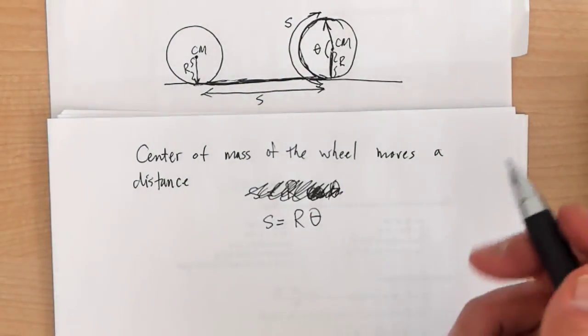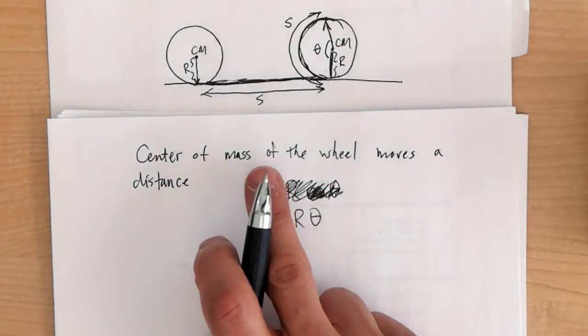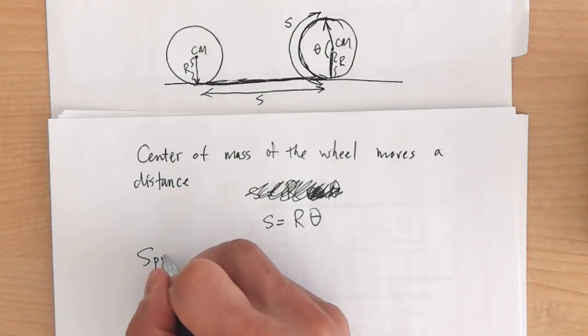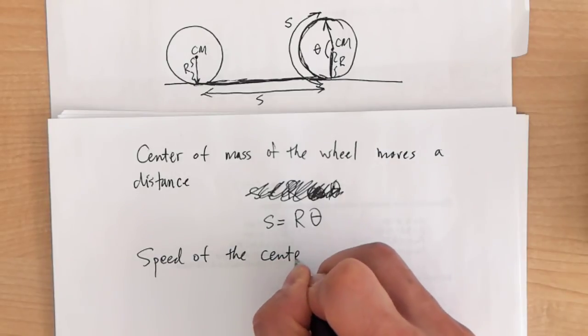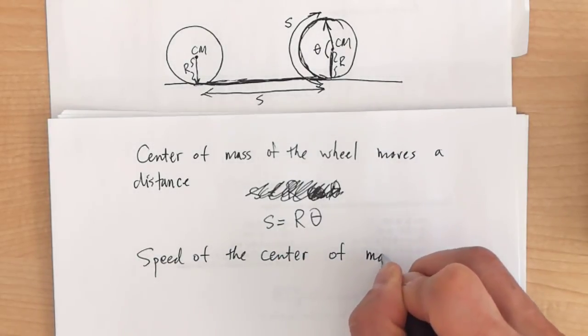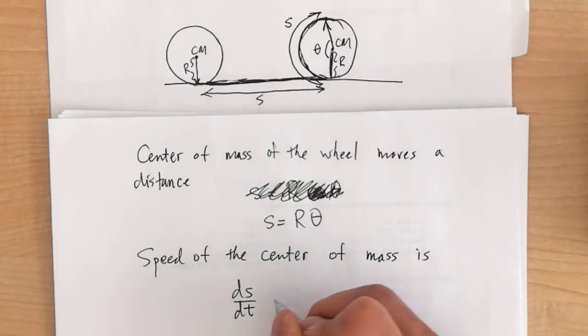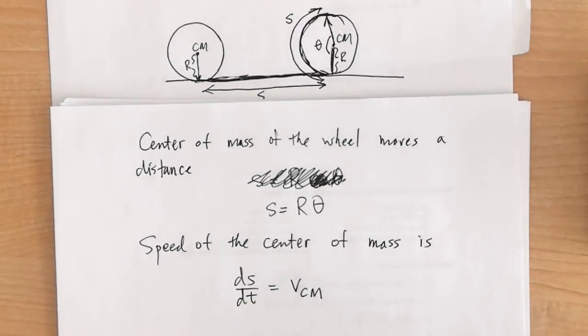So now if I want to know how fast the center of mass of the wheel moves, then the speed of the center of mass is just the time derivative of s with respect to t. Let's just call that v_CM.